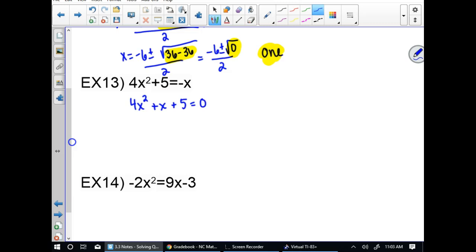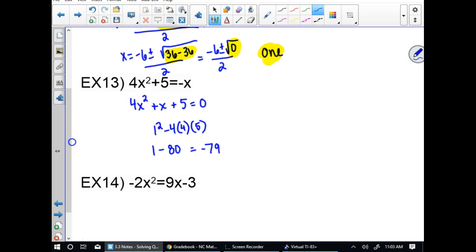Make sure you put it in the right spot so that you got your A, B, and C. And then all I really need to know is that b squared minus 4ac part, right? I could write the whole thing, or I could just do b squared, so 1 squared minus 4 times a, which is 4, and c, which is 5. So I get 1 minus, let's see, 16 times 5 is going to be 80. Is that right? And that gives me negative 79.